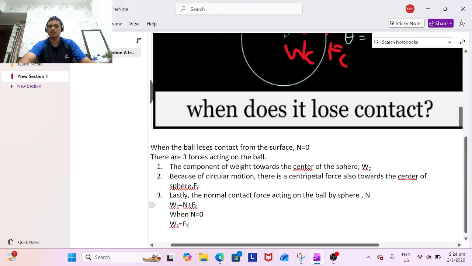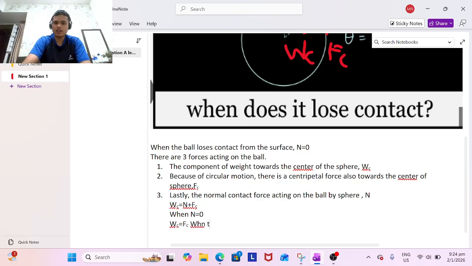So this is how it looks. When N equals 0, the component of weight must equal the centripetal force. When this condition is fulfilled, the ball loses contact.